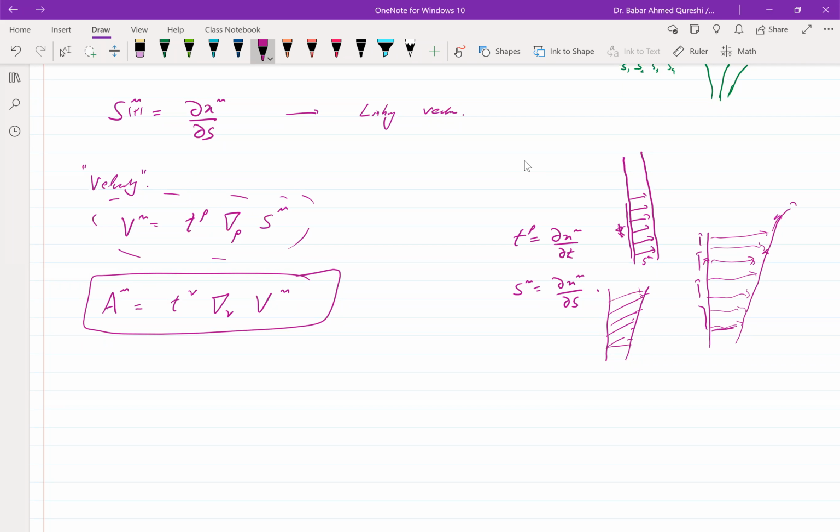Because if v mu is 0 initially, that's okay. But if there's an acceleration, so v mu which is 0 initially, it means these linking vectors are all pointing initially in the same direction. So the v mu, the change in them, is 0.